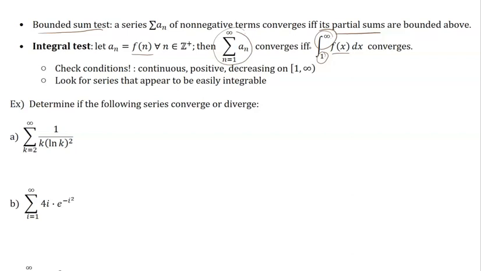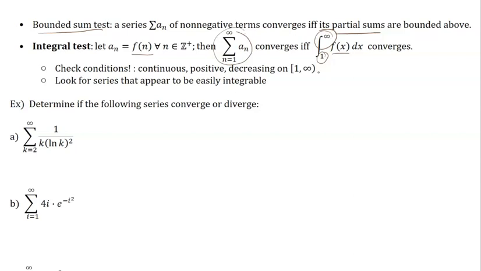With the integral test, we need to make sure we are checking for 3 conditions, okay? And you need to write when you're doing this, did you check the conditions? So is it continuous? Is it positive? And is it decreasing on either 1 to infinity or whatever our domain is?